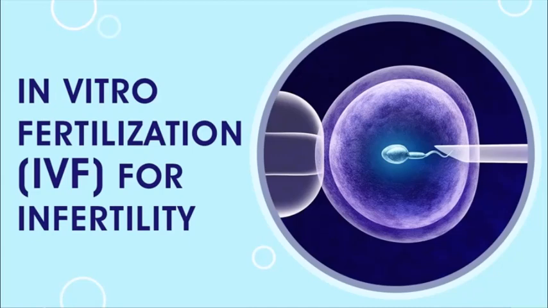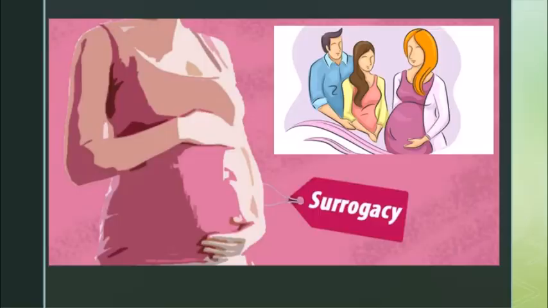The fertilization occurs in the test tube, and when the embryo is formed, it is then implanted into the uterus of the woman, the mother. By this method, childless couples can also get children.